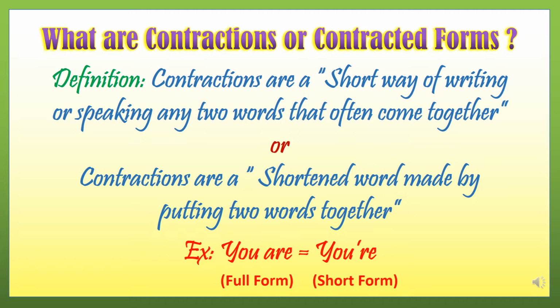You're is a short form or a contraction word. If you observe, when we are framing the contractions, we will be omitting the vowel letters A, E, I, O and U. Okay students?